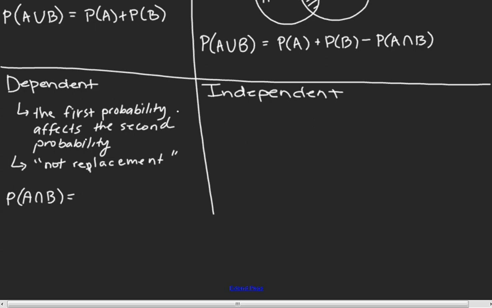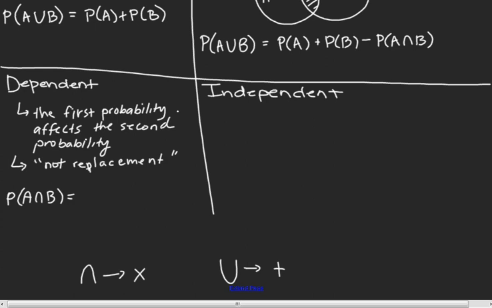So what does our formula look like? What's my formula then? Probability of A and B occurring in a dependent situation. So the and, what sign is going to be in the middle? And is multiplication or is addition?